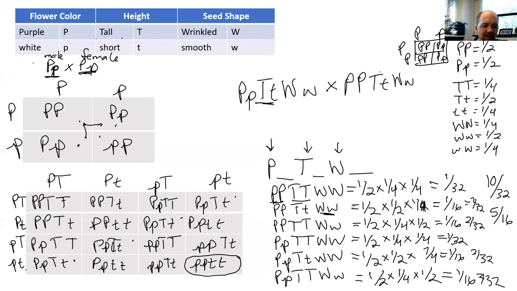All right, so the probability of getting an offspring that is purple, tall, and has wrinkled seeds based on these parents is going to be 5/16 out of that whole 64 square Punnett square. So as long as we got all these correct, and I believe we did, then that's going to be the correct answer, 5/16.